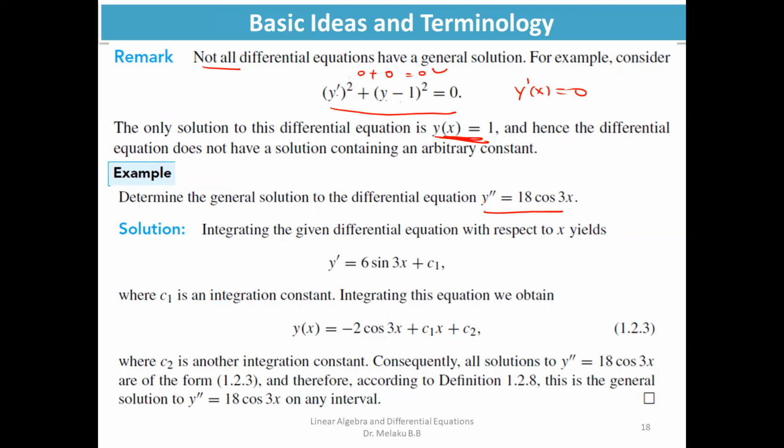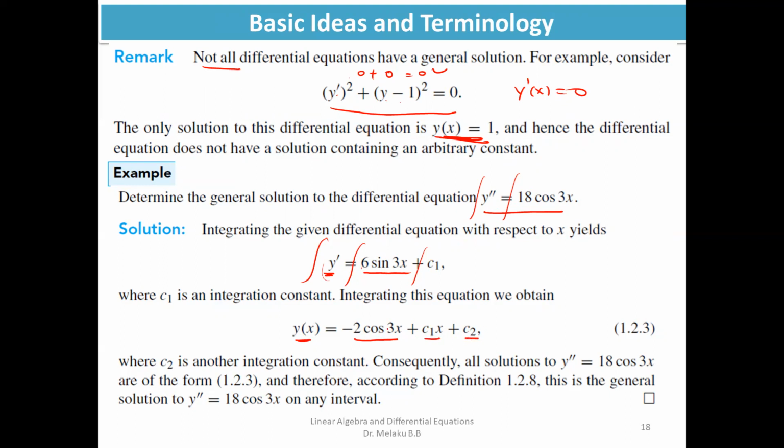Upon integrating both sides, this will be y prime, and the integration of 18 cos 3x will be 6 sine 3x plus some constant c1. Upon integrating both sides again, this will be y of x, which is minus 2 cos 3x plus the integration of c1 dx, which is c1 x plus some constant c2.